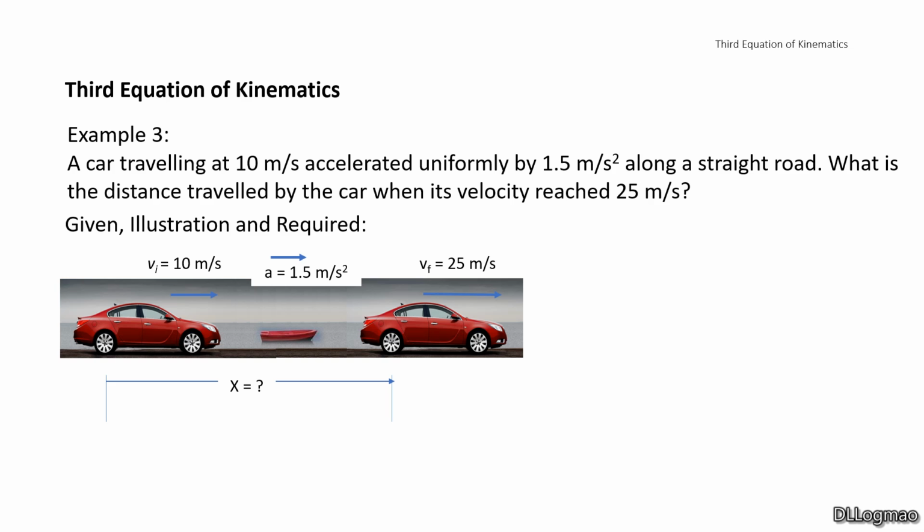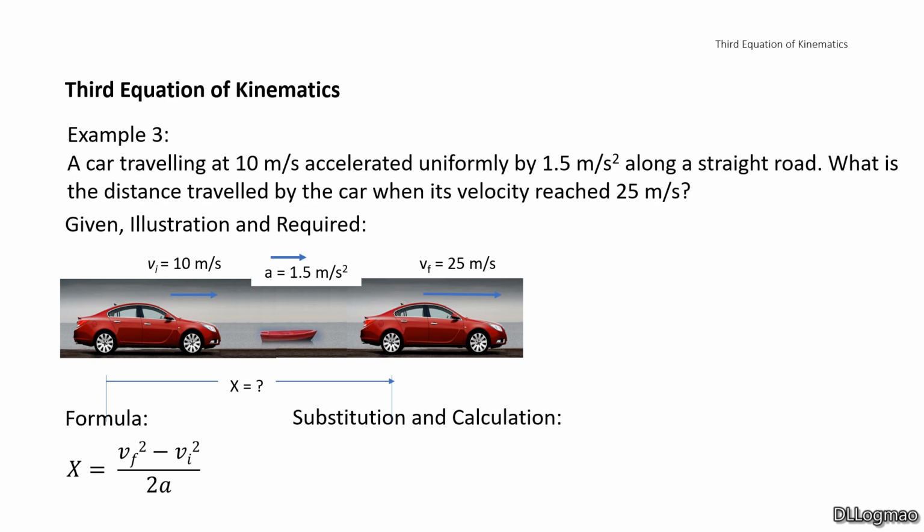The formula or working equation to solve for the required is distance traveled S is equal to the ratio of the difference of the squares of velocities and twice the acceleration. Substitution and calculation.